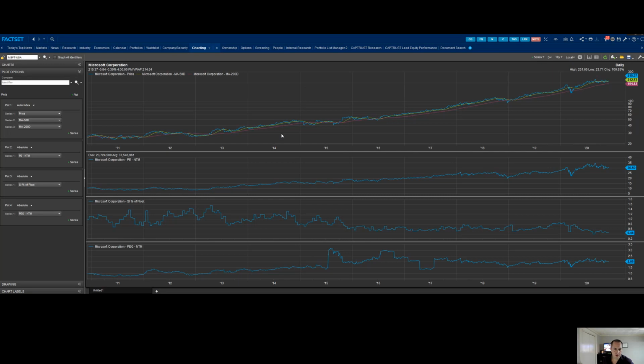Ten-year chart now for Microsoft. We see here in 2014 that price to earnings ratio of 14, 15-ish, eventually trading up towards 17.